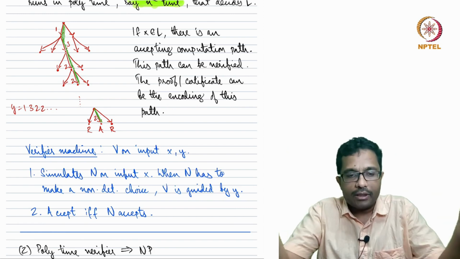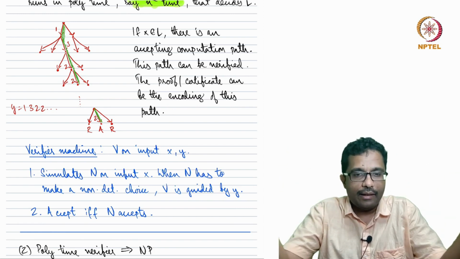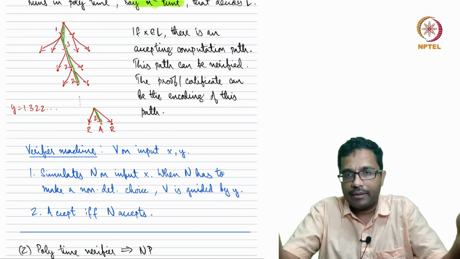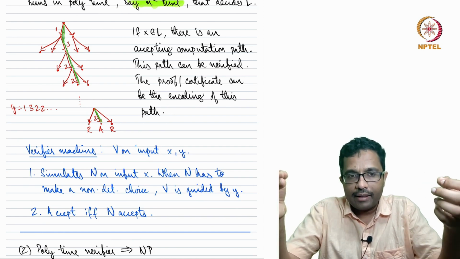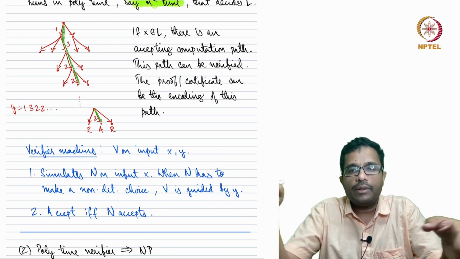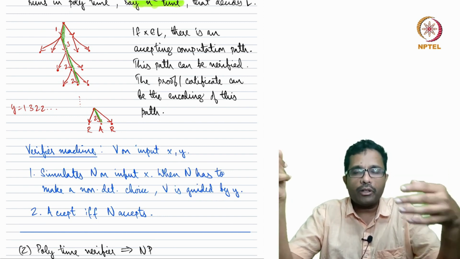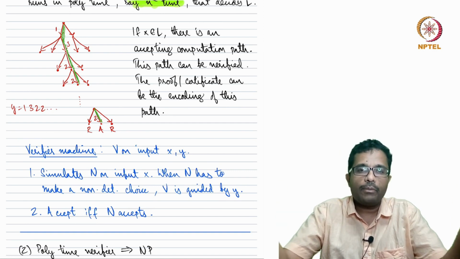Given the non-deterministic Turing machine, there are many possible computation paths, and x is accepted if at least one of them accepts. So y, the correct witness string, is the identity of the path which leads to acceptance. If x is not accepted by the non-deterministic Turing machine, whatever y you give, it cannot be verified.